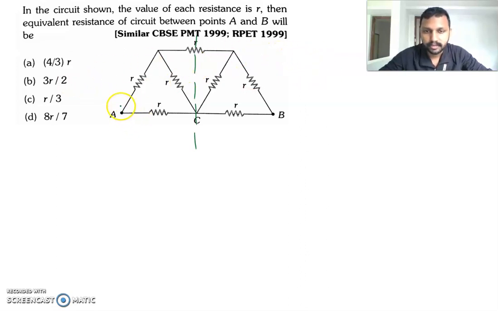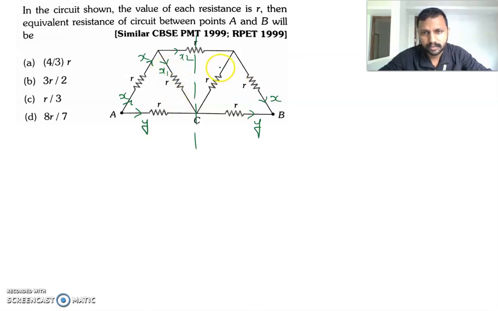Therefore, what I can conclude is, if a current X is passing like this, that current will reach here as X itself. And if a current Y is passing like this, the current will reach here as Y itself. If the X current reaches over here, it could branch into, let me say, X1 and X2.